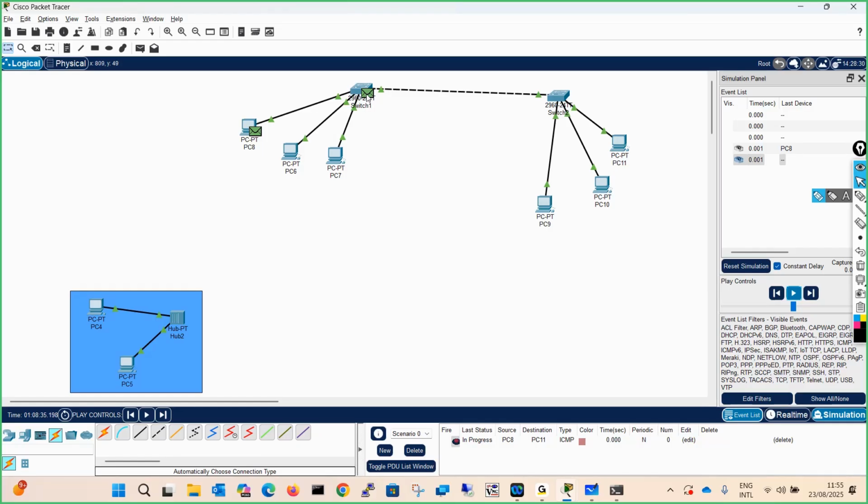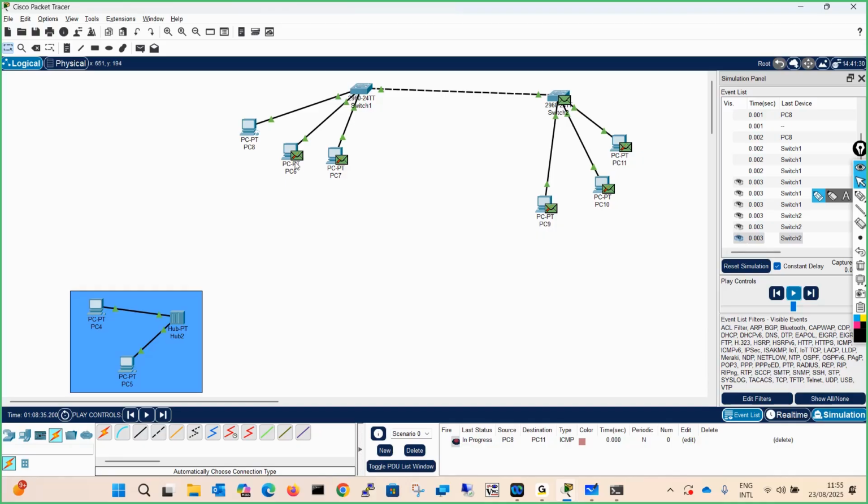The ARP request is received on the switch. What has the switch done? The switch has forwarded the ARP request to the other switch and at the same time to the PCs connected here, which means the ARP request is a broadcast request.